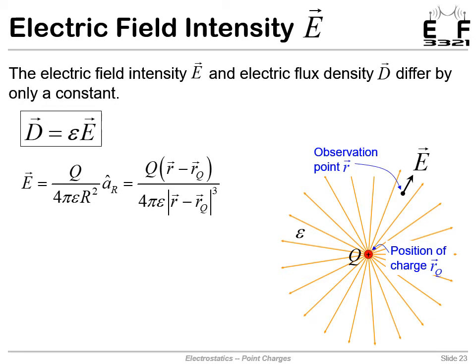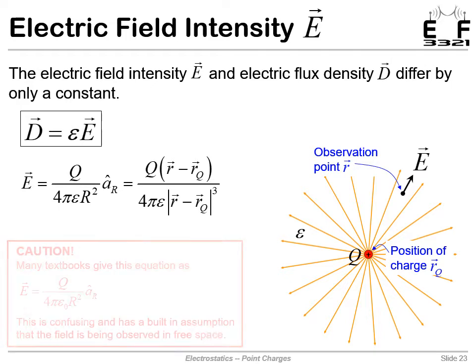So the way this works is we calculate the electric flux density, and then just in one simple step using the constitutive relation, we calculate the electric field intensity from the D field. So if we solve this equation for E, we can get a new equation to calculate the electric field intensity directly from the charge. I don't recommend doing that, although a lot of textbooks do this.